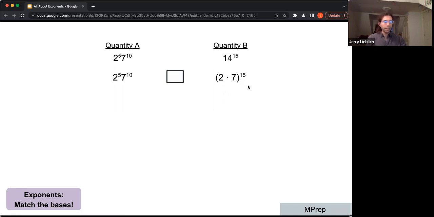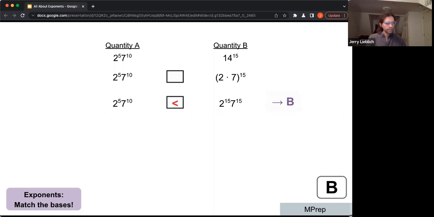And then here's another exponent rule we didn't really talk about. If we have multiplication in the parentheses, we can distribute that exponent. Once I do that, now I've got a 2 and a 7 versus a 2 and a 7, and it's quite clear the answer is B.